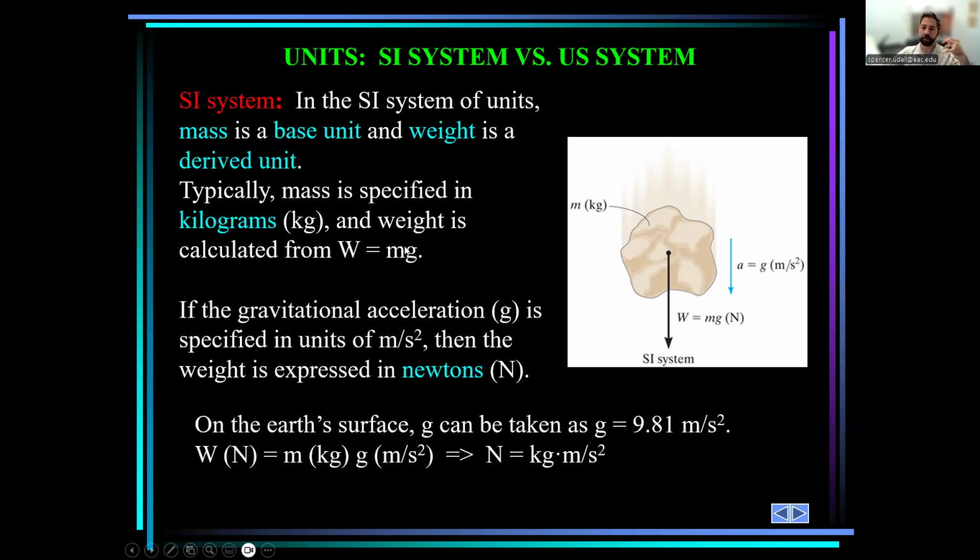But that won't just be for weight now. Anytime that we have an acceleration, we could just do kilograms times meters per second squared, and that'll end us up in units of newtons. And there's our gravitational constant that we've used many a time for Earth.